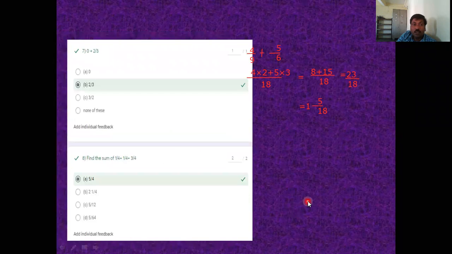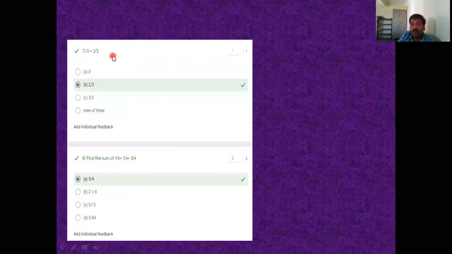Okay. And now here is another type of question. Question number 7: 0 plus 2 by 3. You know that when we add any number to 0, the value will be the same. So the answer will be 2 by 3.